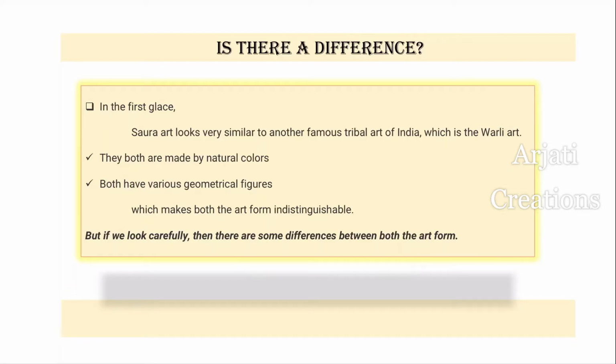Secondly, both of them use geometrical figures, mainly concentrating around triangles, circles, lines, etc. So in this way, it makes both of these arts indistinguishable. But if you actually look carefully, look deeper, you will find that there is a lot of difference between the forms of art. Now, let us discuss each of these differences in detail.